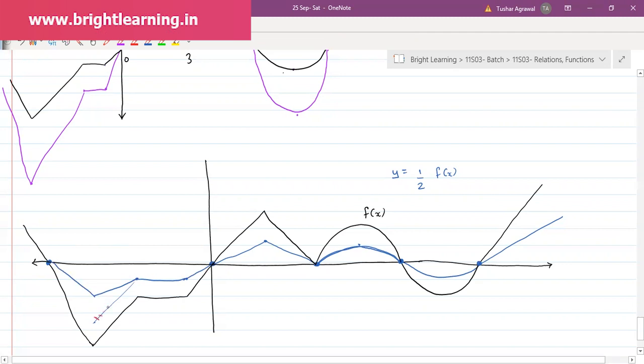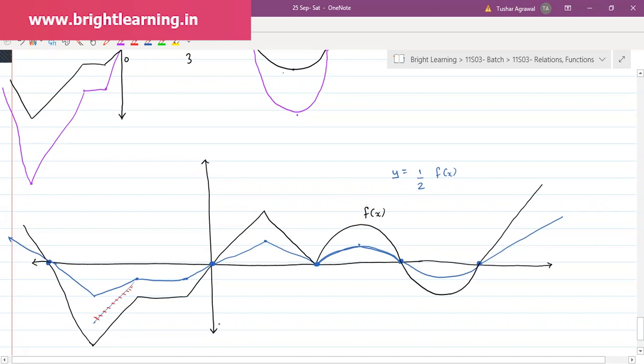This one is wrong. Okay. Here it will go. This is the graph of half of modulus of x.